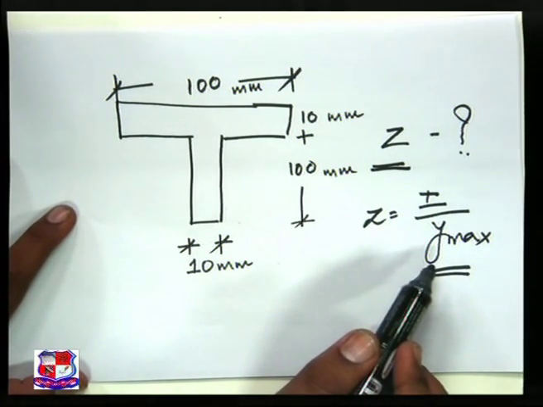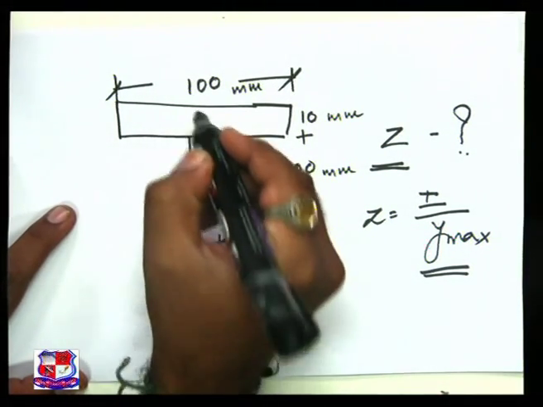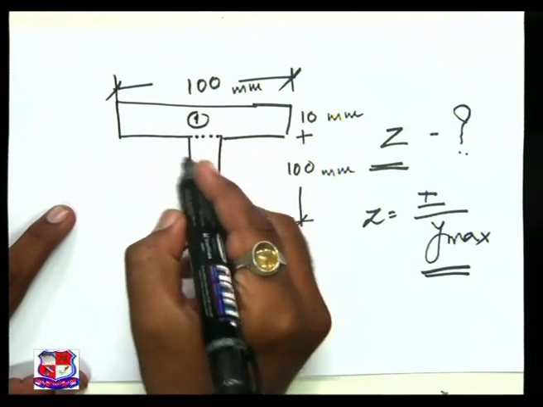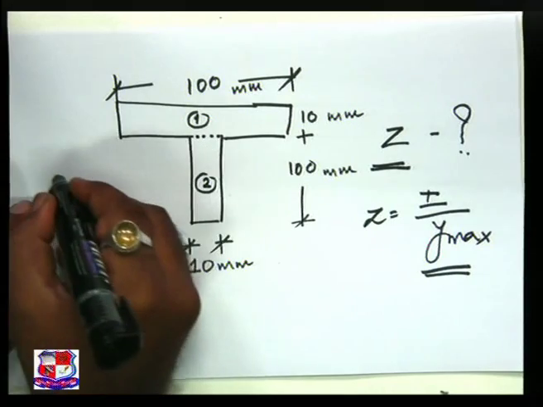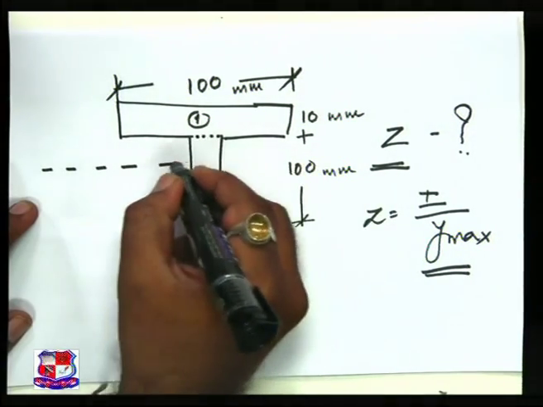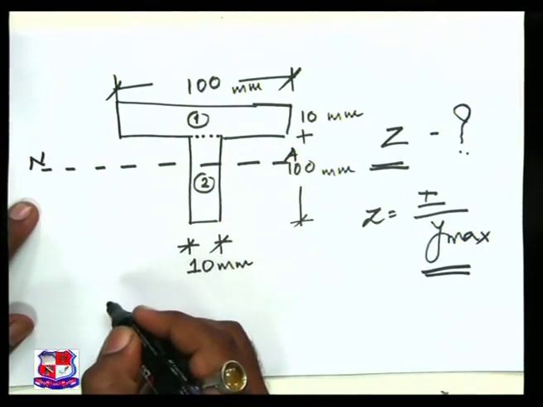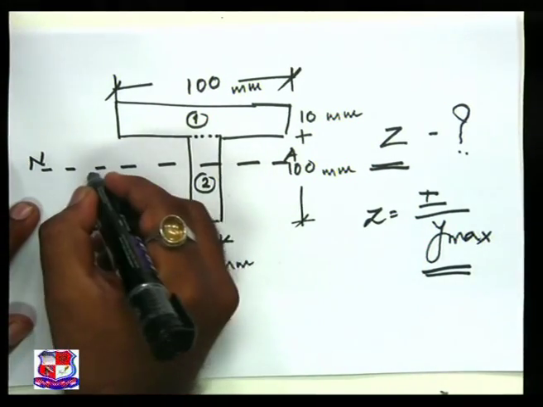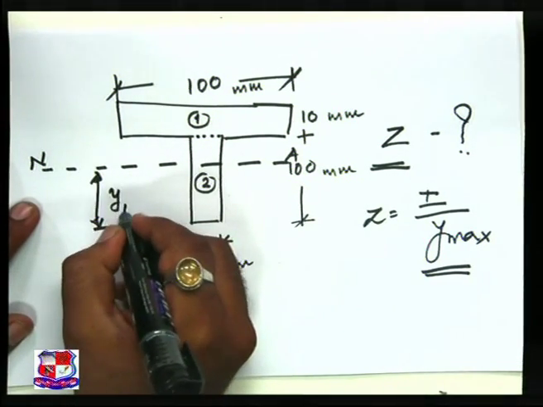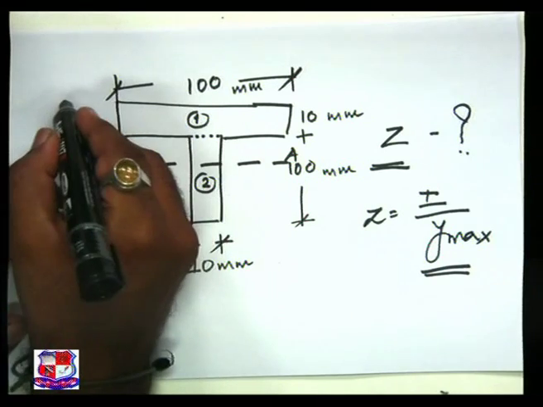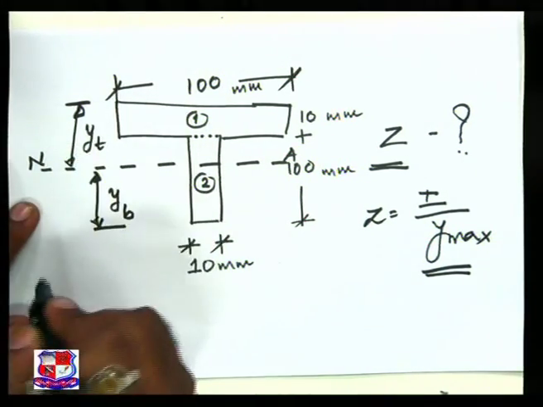So, what I have to do? I will divide this T section into a number of known parts, number 1 and number 2. Let this be my neutral axis, let this be the y, that is the bottom, hence yb, and let this be yt.